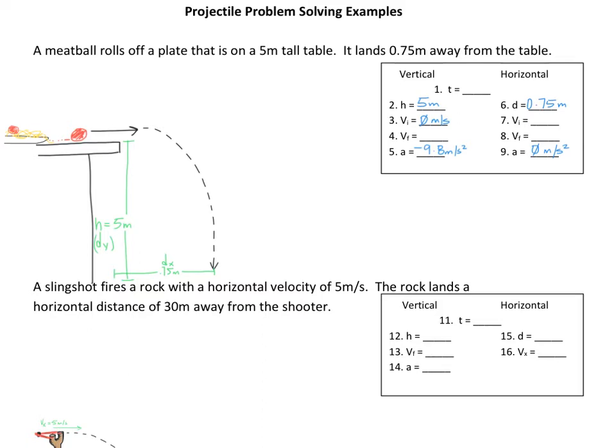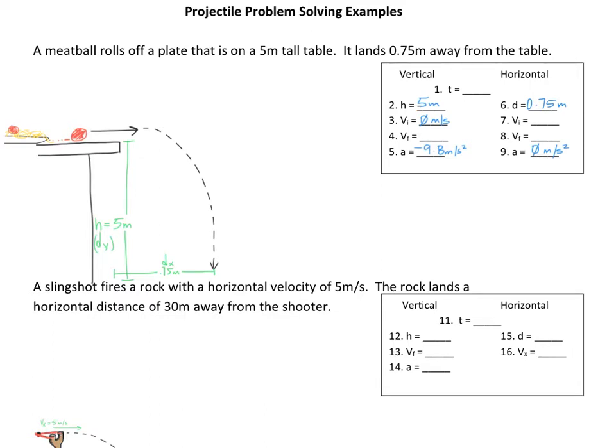Now, an easy way to do this is to use the simplified equation or the rearranged equation that allows us to solve for time when we know the vertical distance. In this case, we do know the vertical distance. It is 5 meters.